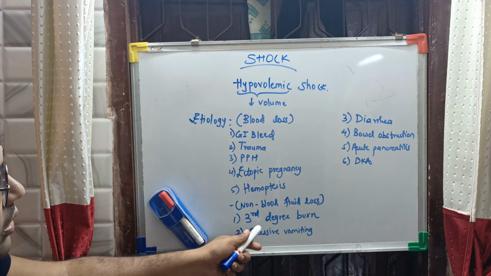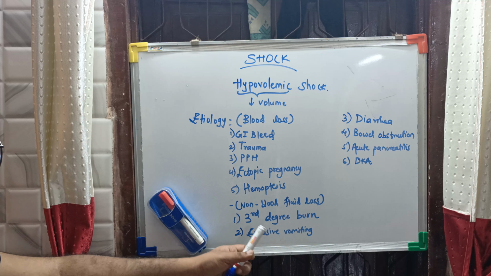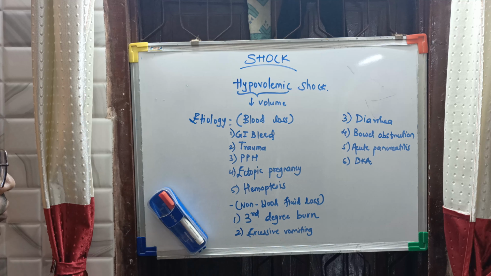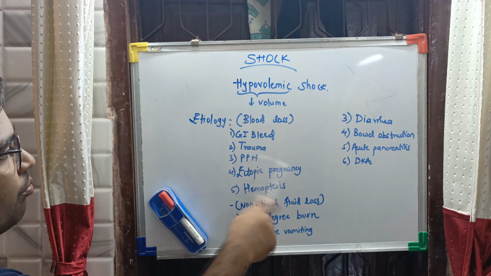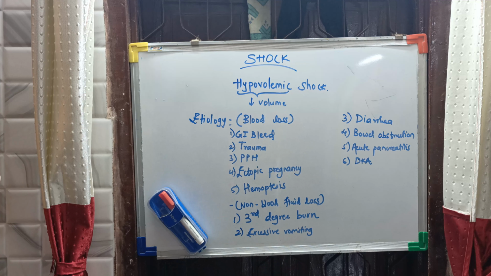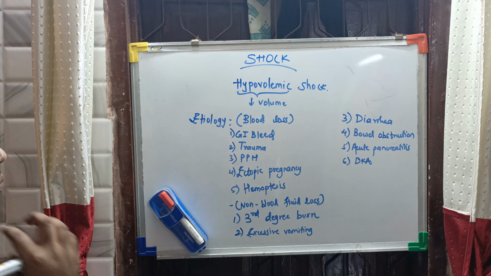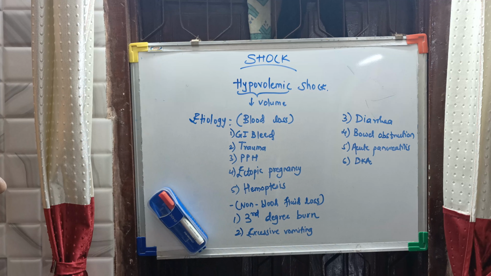The first one is the third degree burn. In burns there is a lot of fluid loss from the body. Then excessive vomiting, diarrhea, bowel obstruction. Then the fifth one is acute pancreatitis, and the last one is diabetic ketoacidosis.